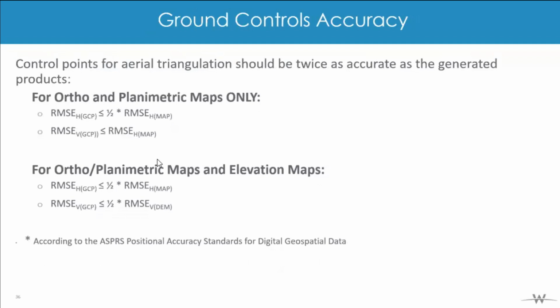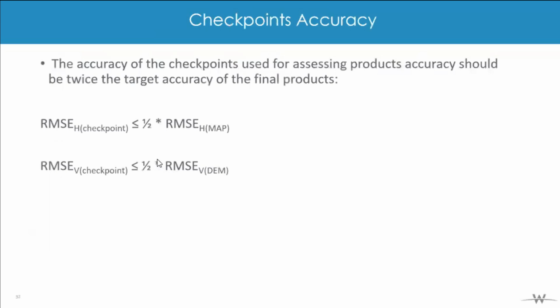If we are generating only ortho, the ground control has to be twice as accurate as the map. And same thing if you're generating ortho and elevation data, both horizontal and vertical, the accuracy of the ground control has to be twice as much as the generated map or digital elevation model.